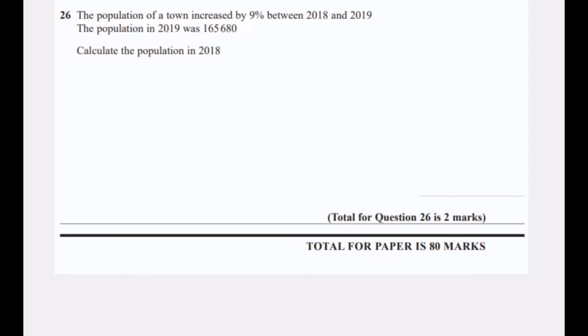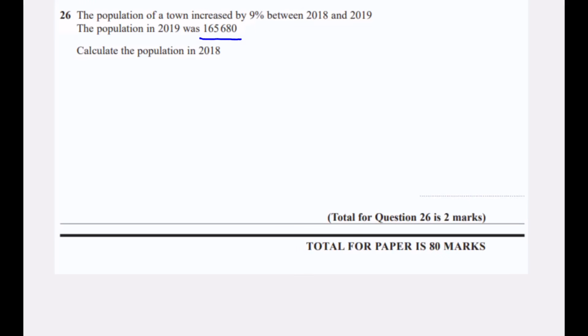And question 26, the population of a town is increased by 9% between 2018 and 2019. The population in 2019 was 165,680 people. Calculate the population in 2018.